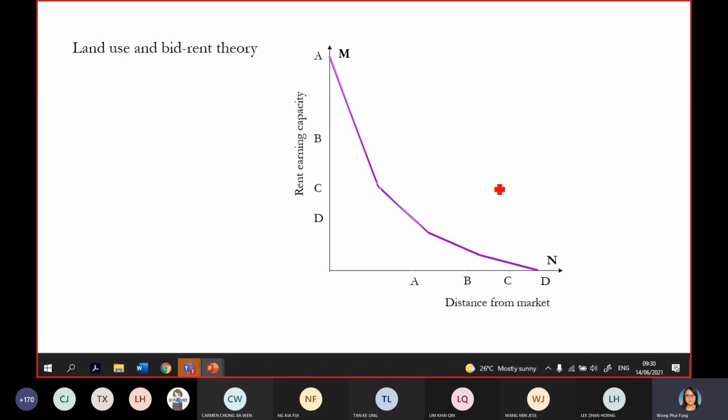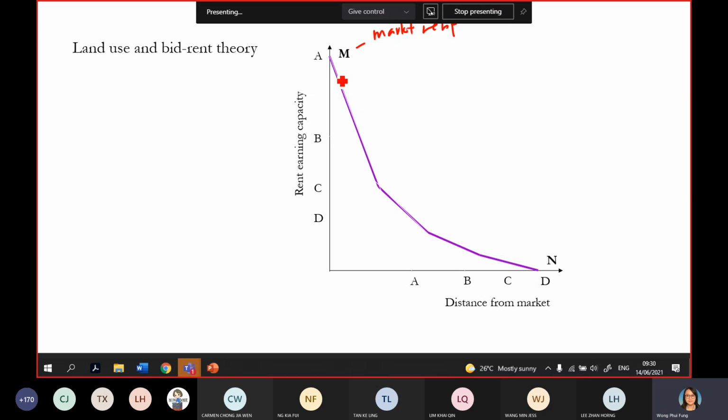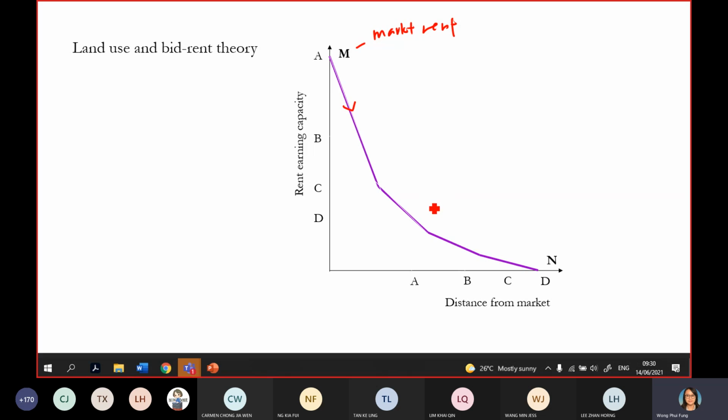Okay, this purple curve is what we call market rental. Your market rental slopes downward. Can you see? Like this, slope downward. Why slope downward?